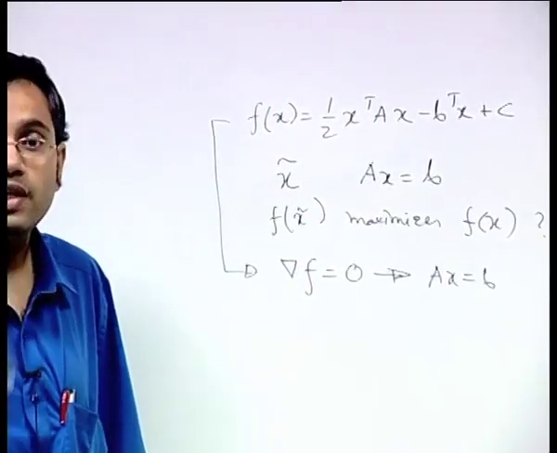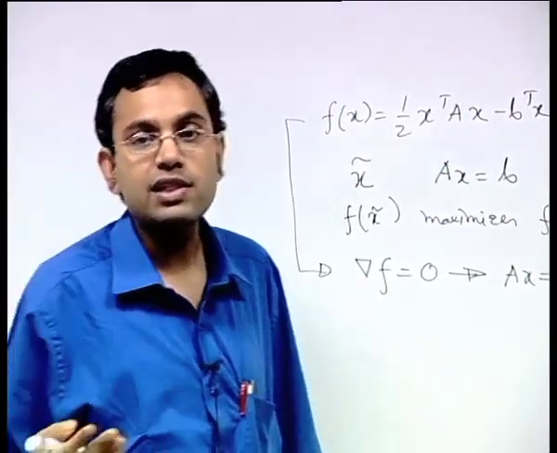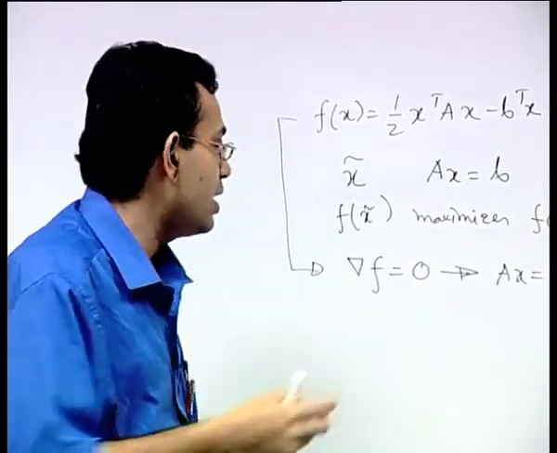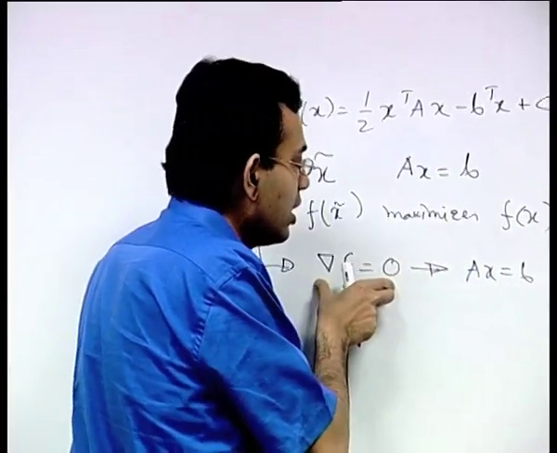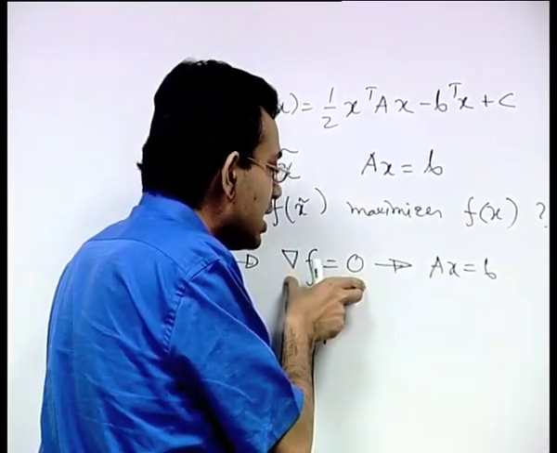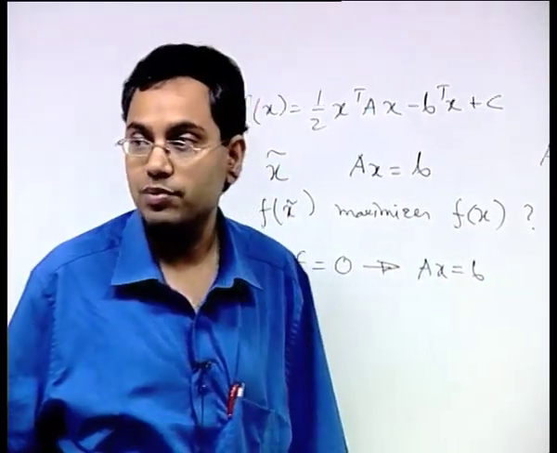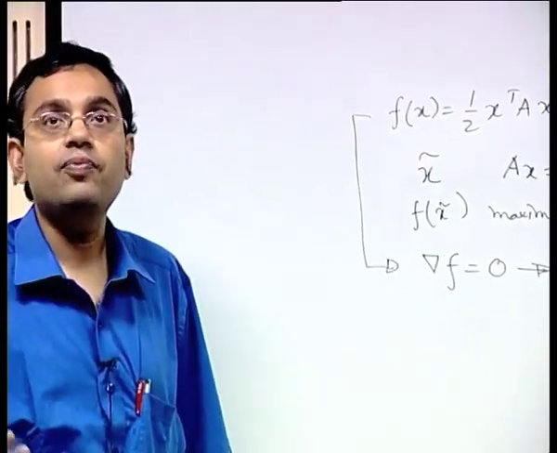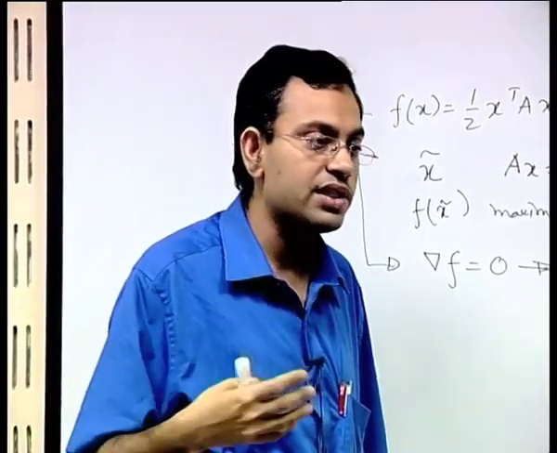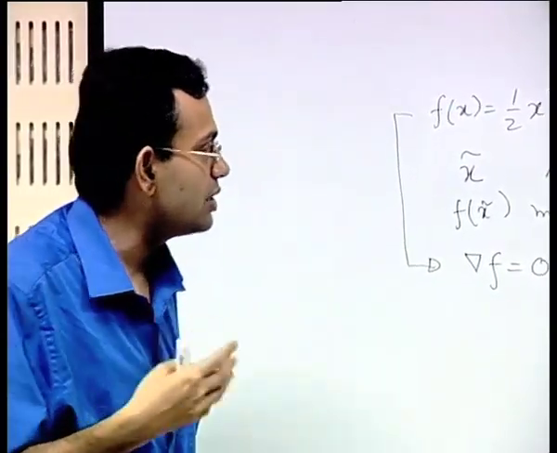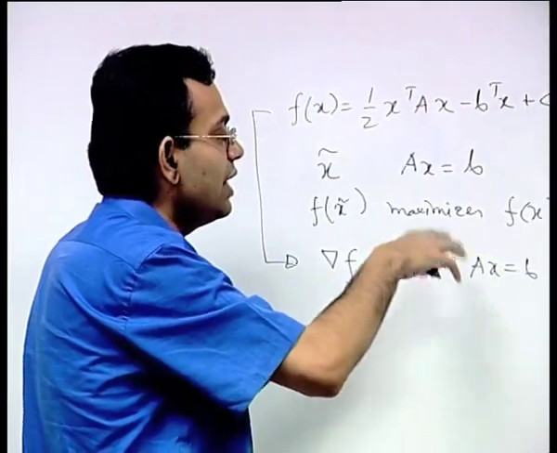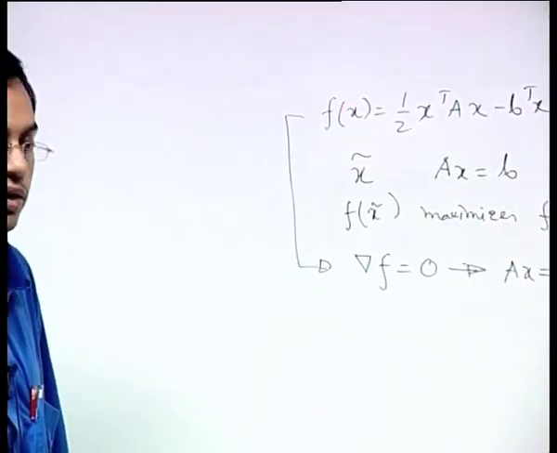But if that constraint is not given, then it could be a maximization or a minimization problem. Setting gradient equal to 0 does not necessarily imply that it is a minimization problem. It could be a maximization or a minimization problem. In the next step, when we set A to be a positive definite matrix, then we can show that it is indeed a minimization problem and not a maximization problem.